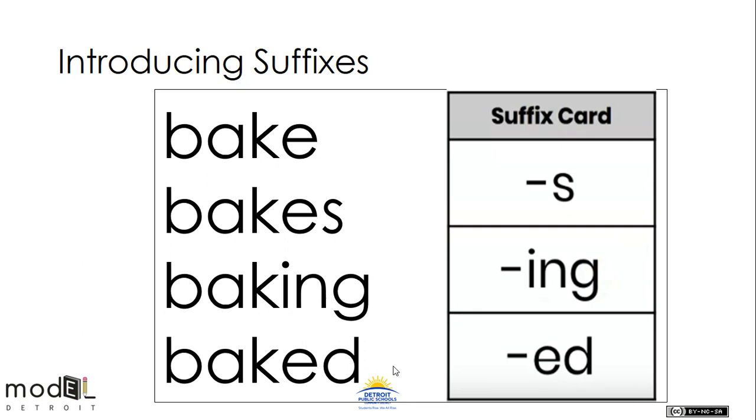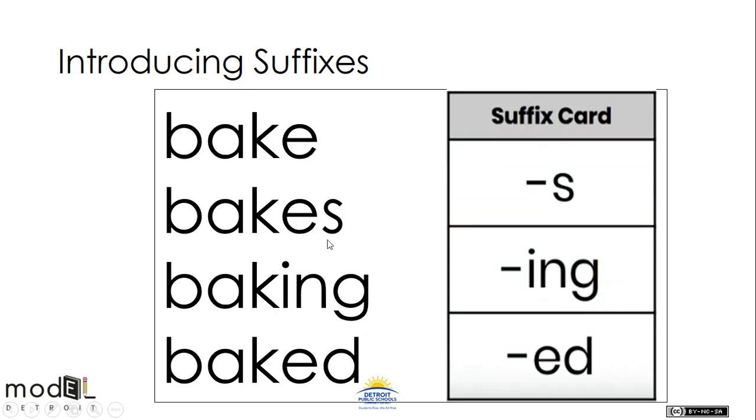We have learned three suffixes, S, ing, and ed. Let's look at S. Which of the words on this list has the suffix S? If you said bakes, you are correct.